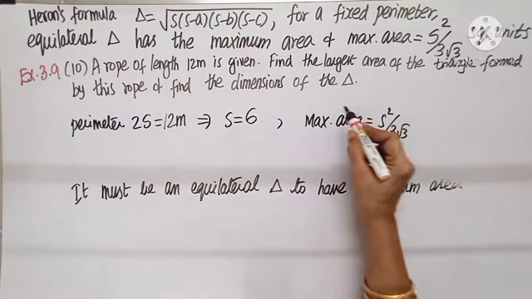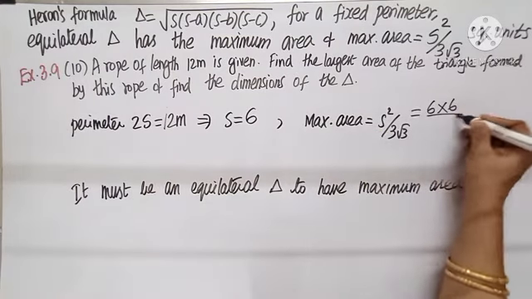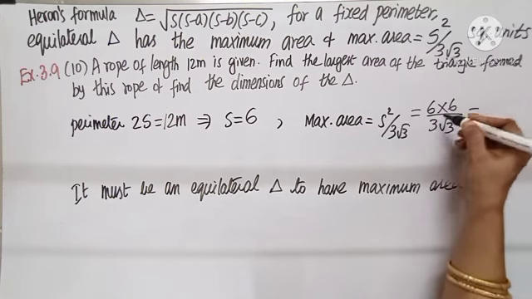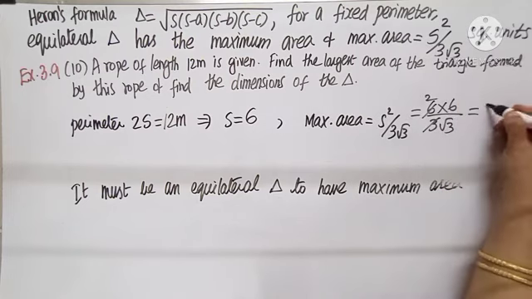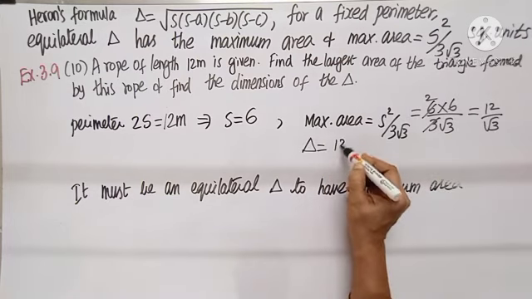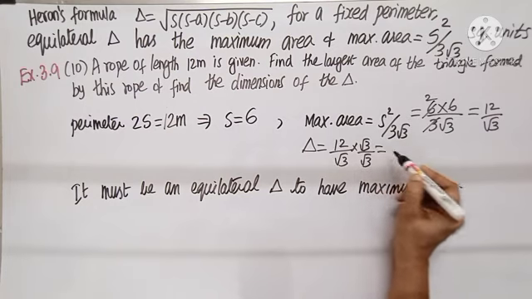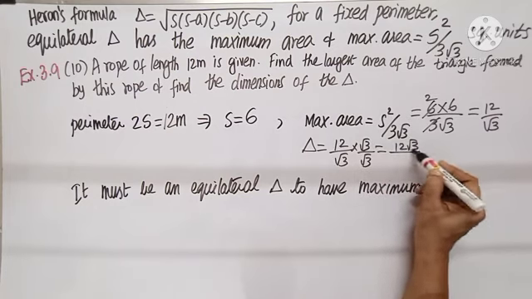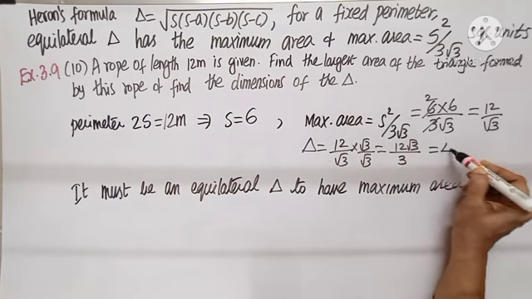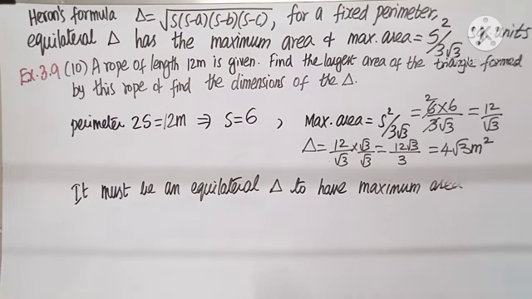What is the maximum area formula? S square by 3 root 3. Or I can cancel and I get 12 by root 3. So area equals 12 by root 3, multiplying and dividing by root 3, it is 12 root 3 by 3, or we can say 4 root 3 meter square.